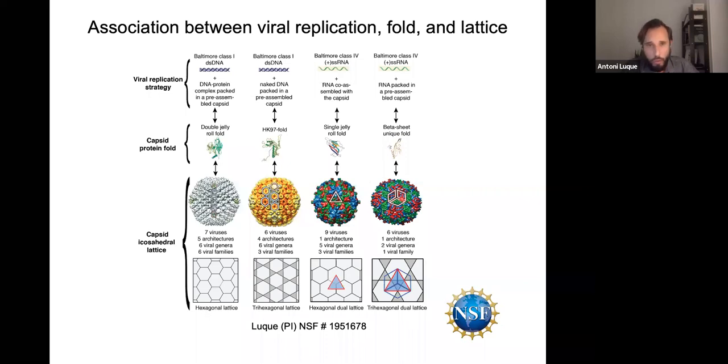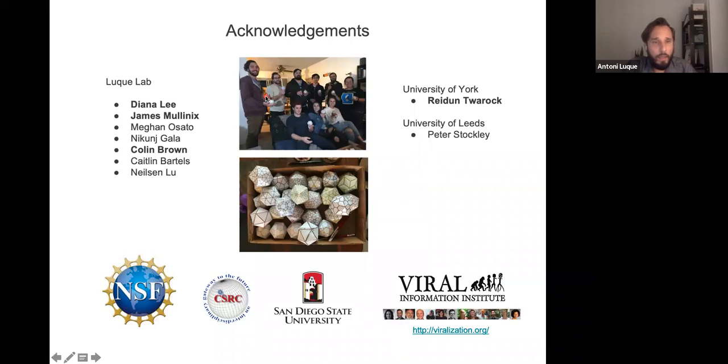So just to conclude, let me highlight a few people in the lab. Colin Brown is the student that has been developing these new 3D models that I've been showing some figures of. Diana Lee and James Molinex have helped, especially on the direction that we're going now on the National Science Foundation grant. And Raiden Torok is my collaborator at York. We both have been working on icosahedral capsids for a while, and we both were aware that we needed a new framework.